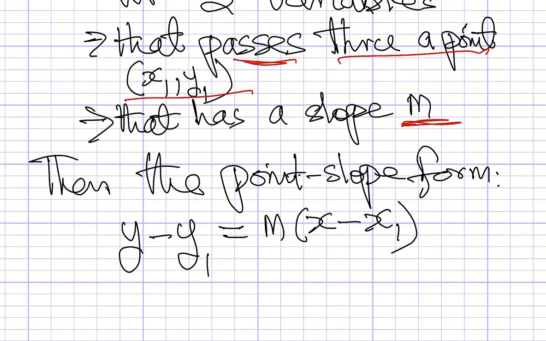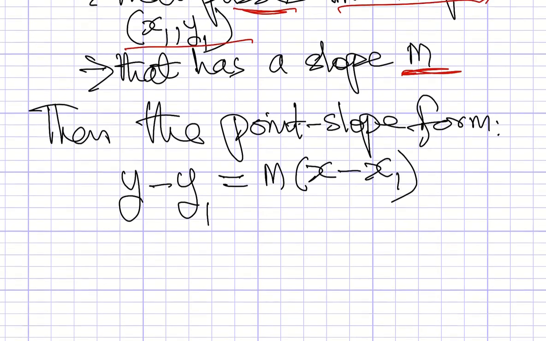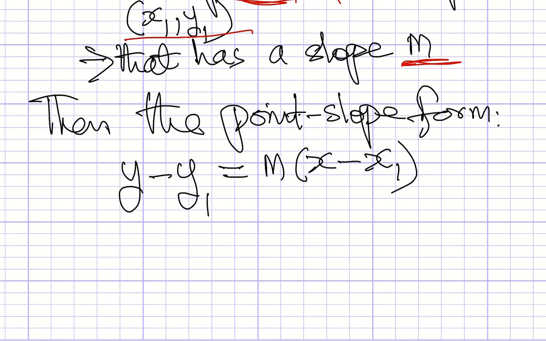Given that, the point slope form is represented like that. You see it right there. It's y minus y1 equals slope m times (x minus x1) in brackets. You see that? Sometimes this can be written as m equals (y minus y1) over (x minus x1).